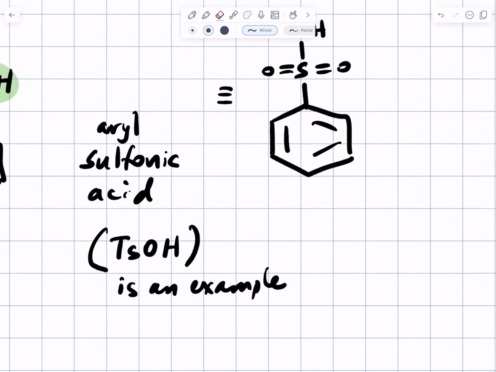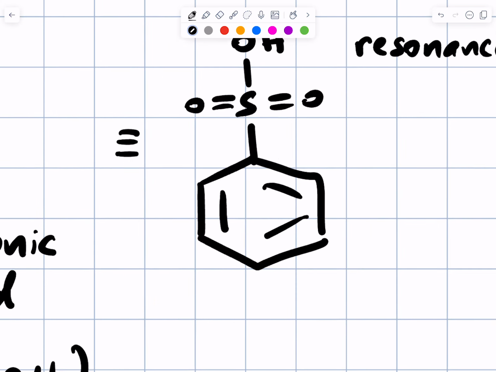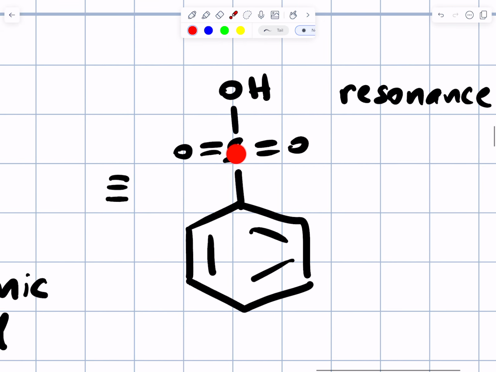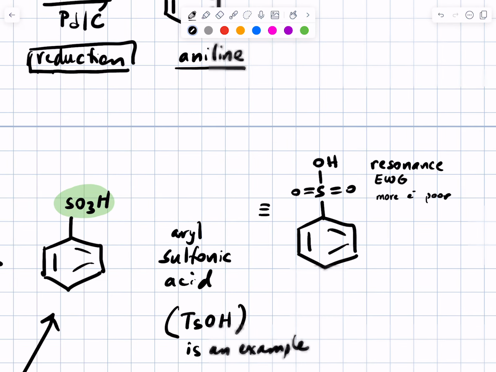One thing to notice about the sulfonic acid group is that, like nitro, it follows the pattern of having an atom bonded to the benzene ring that is simultaneously pi bonded to an electronegative atom. So the SO3H group is likewise an electron withdrawing group owing to resonance, and it will likewise make the benzene ring more electron poor.